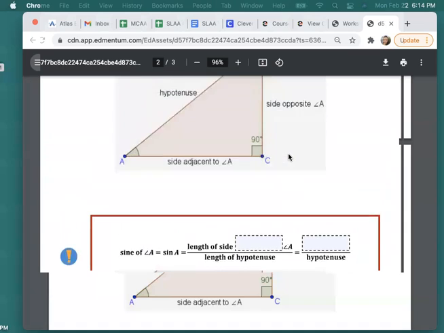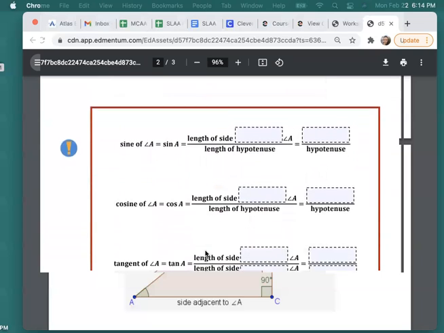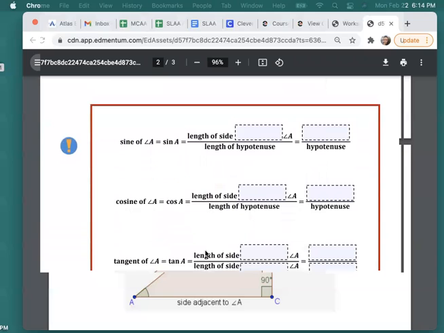If I were to go back up to this, see this adjacent side down here on the bottom. I hope you can see my cursor. This side adjacent to A, so adjacent over hypotenuse. And all these are some of the guided notes that are available in your course. So let me write on here.